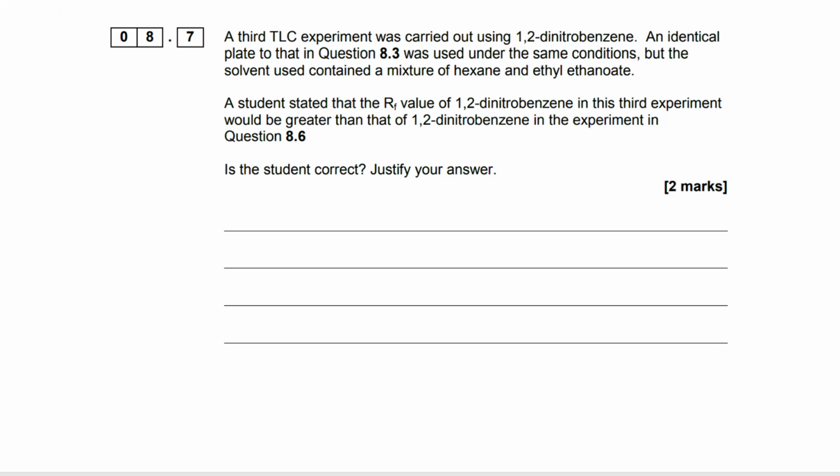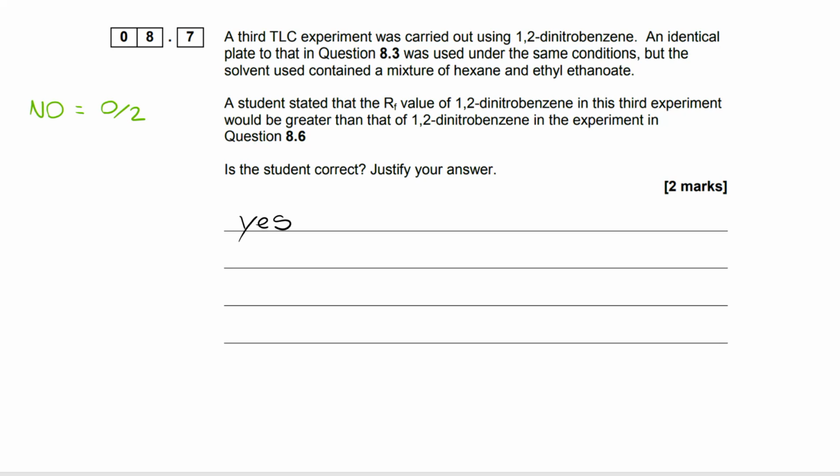And finally, on this question, we've got a third TLC experiment using 1,2-dinitrobenzene, an identical plate used to the one in 8.3, the same conditions, but the solvent here was a mixture of hexane and ethyl ethanoate. The student here stated that the RF value would be greater than that of 1,2-dinitrobenzene in the experiment in question 8.6. Is the student correct?